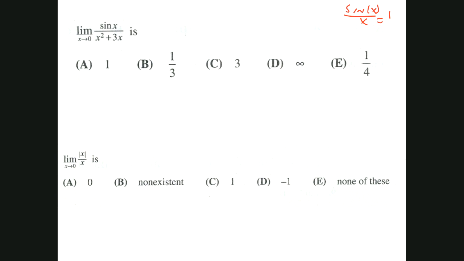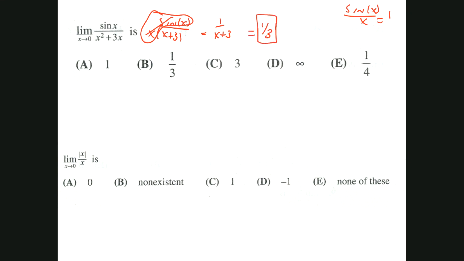So if I can rewrite this as the sine of x over x, I've got it made. So I've got the sine of x on top. I'm going to factor out an x on the bottom, so that gives me x plus 3. Well, I know the sine of x over x is 1, so that just basically crosses itself out. So now I'm left with 1 over x plus 3. I put 0 in there, I end up with 1/3.